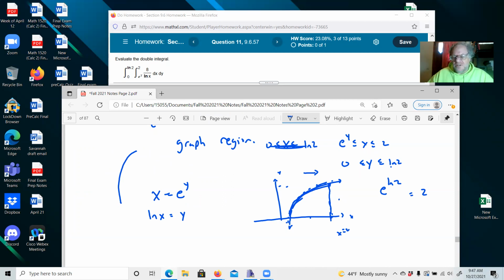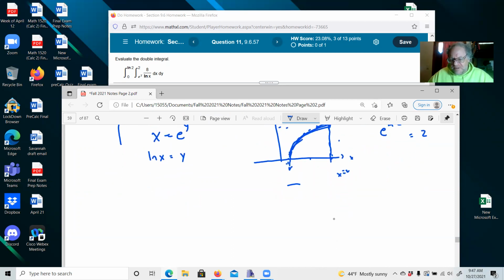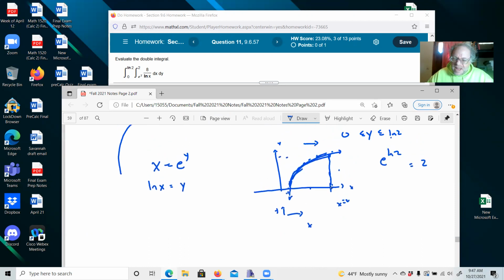Rather than look at it from x and then y, we're going to say something clever: x is going to go from 1 to 2, and y is going from 0 up to ln x, because that's what this is.